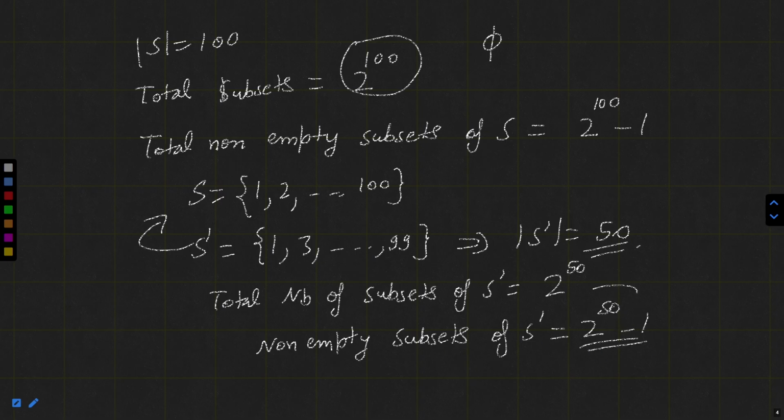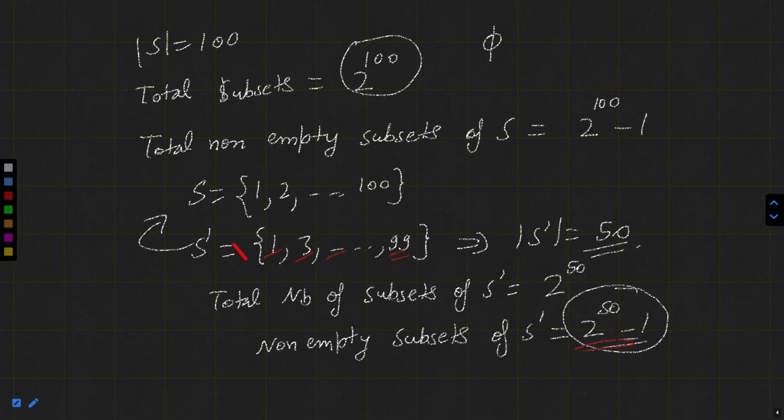These are the total non-empty subsets of such. First of all, understand that these are the subsets. And if you look at the elements in those subsets, the elements will be odd numbers, and if you multiply them, their result will always turn out to be an odd number.